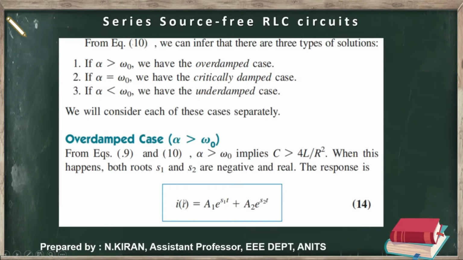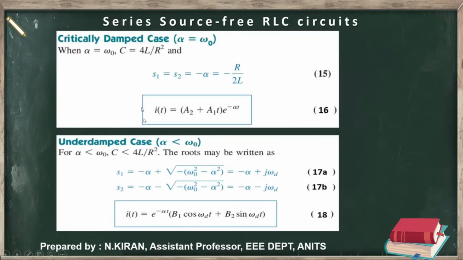The expression for I of t will be a1 into e power s1t plus a2 into e power s2t. Secondly, if alpha is equal to omega naught, the roots will be real and equal. In that case the response I of t will be nothing but (a2 plus a1 t) into e power minus alpha t, where a1, a2 are constants.